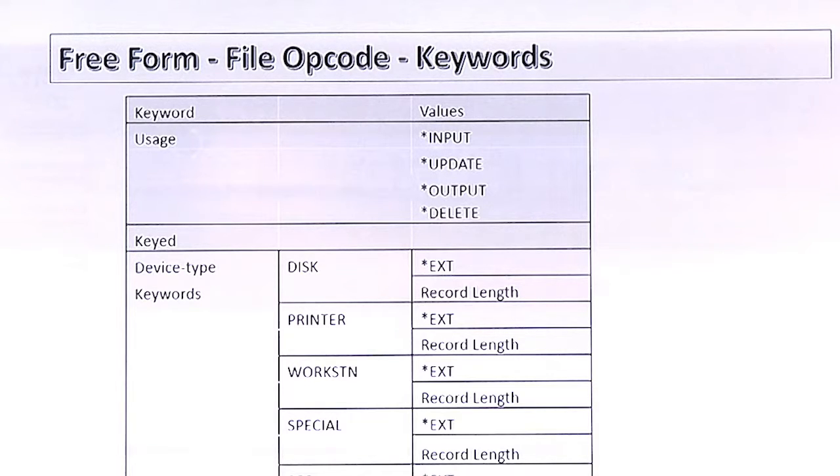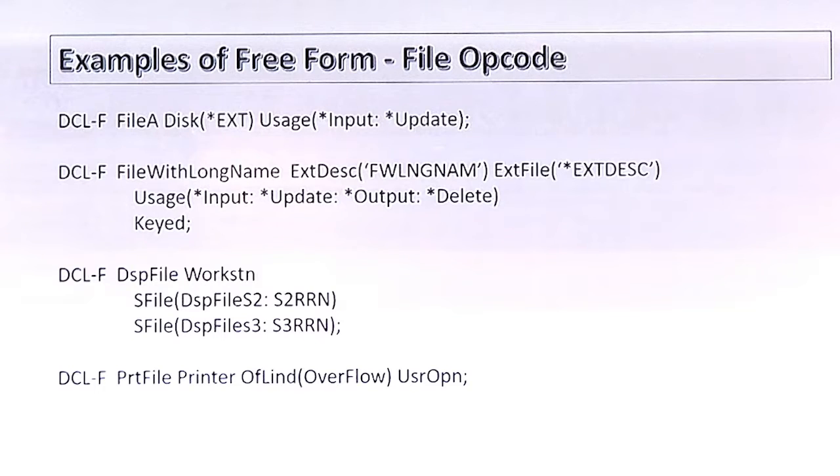Like, for example, usage. You've got to tell it by keyword what kind of usage you have, whether it's keyed, and then the different device types. And that table doesn't tell you a lot right there, but this example will.